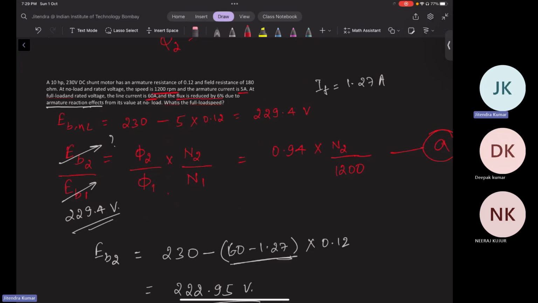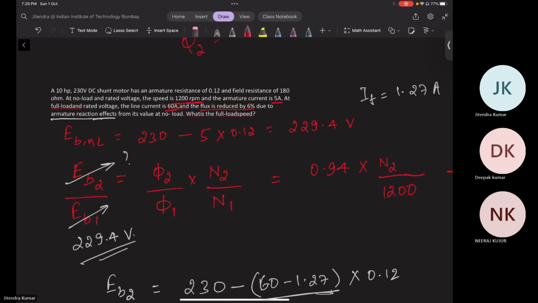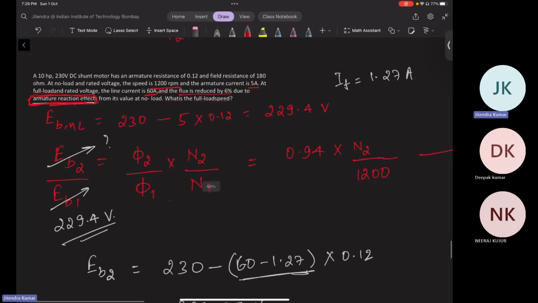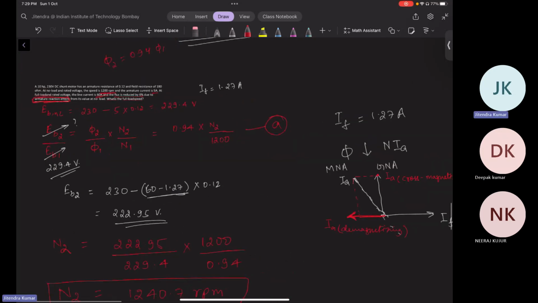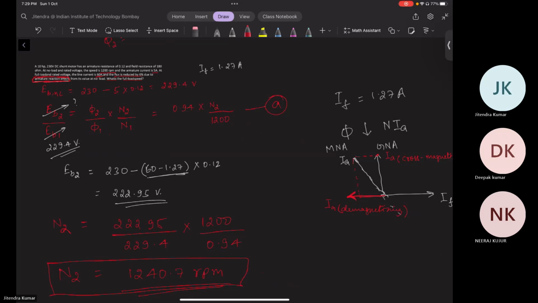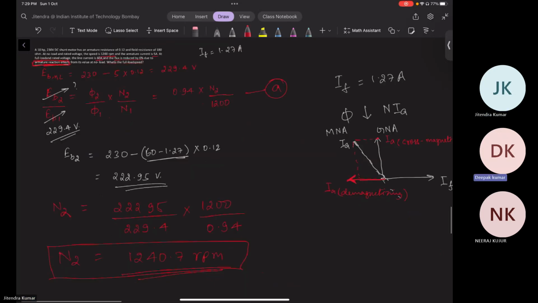But you should consider this particular statement, it was very dominant. If you overlook this, then we are gone.